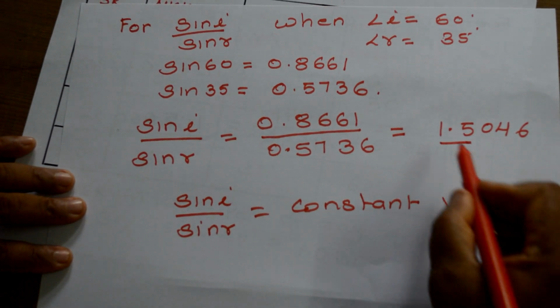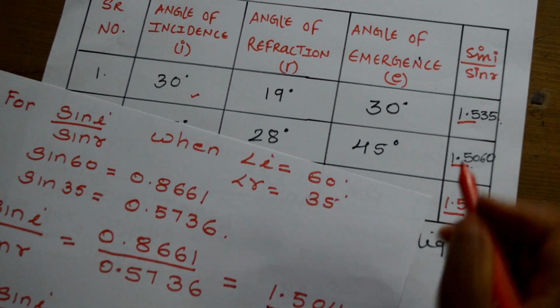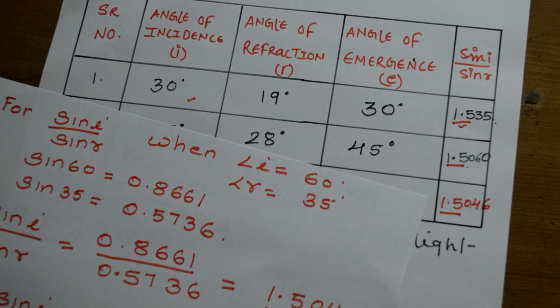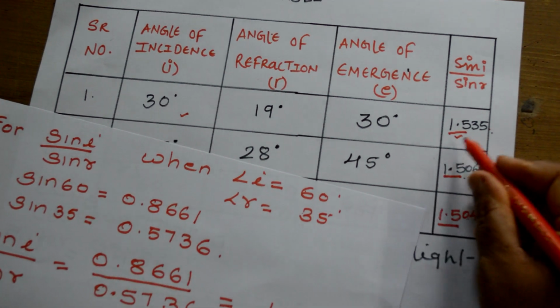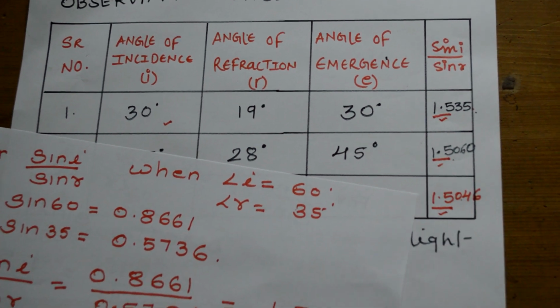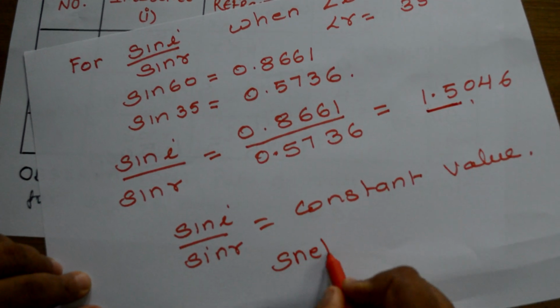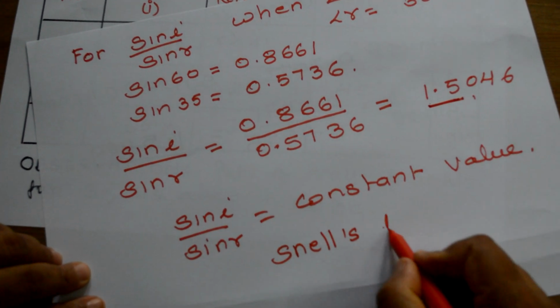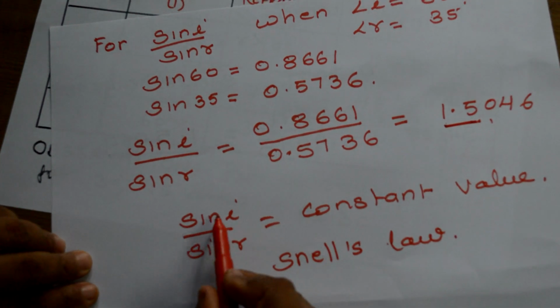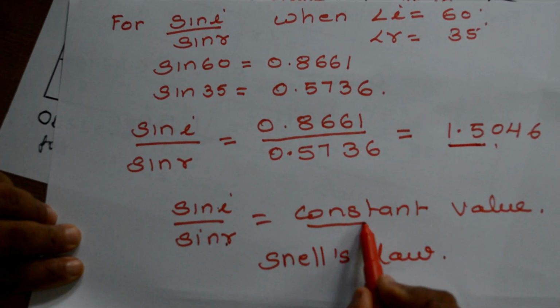We got a constant value every time, that is 1.5 in every case: 1.5, 1.5 and 1.5. So this is Snell's law. Sin I upon sin R remains constant.